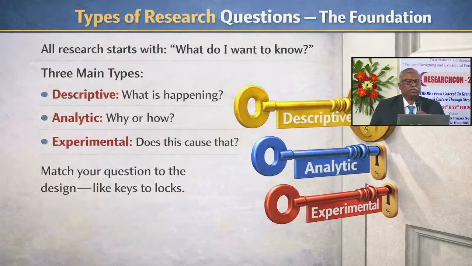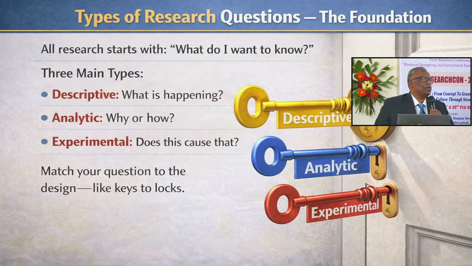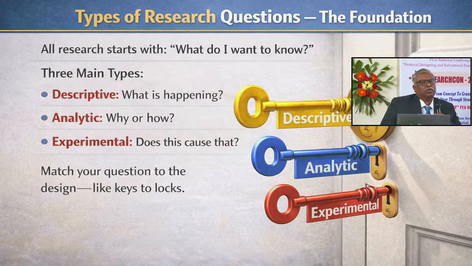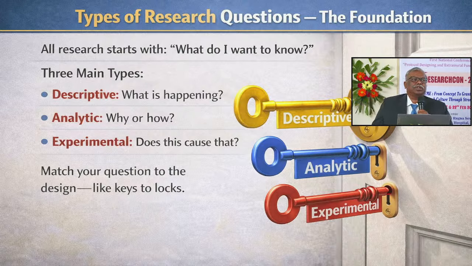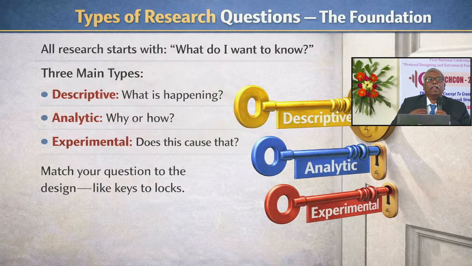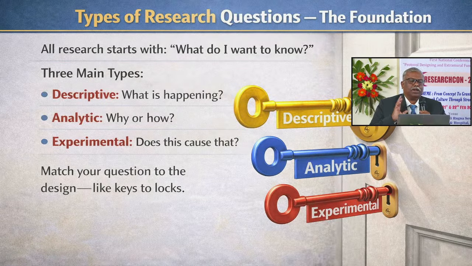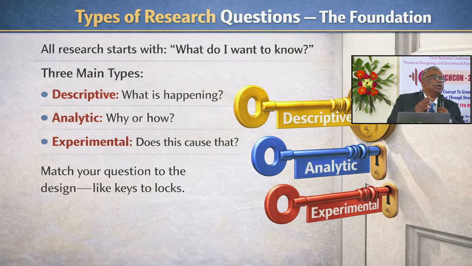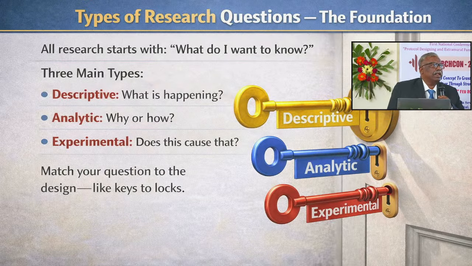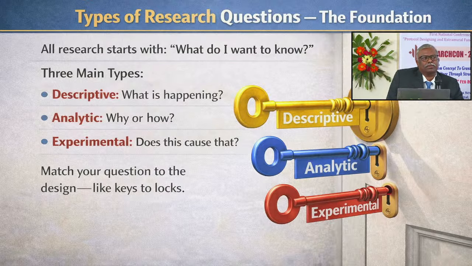So coming to the types of research questions. Gaurav sir told about research questions. All research starts with what we want to do. Whenever there is an idea, there is a research question, and we always gain new knowledge from it. If we categorize research questions into three parts, the first one is descriptive: what is happening?